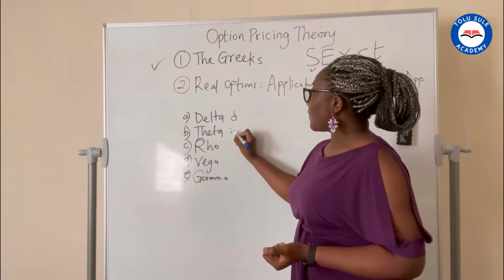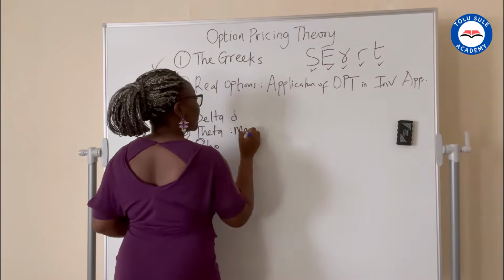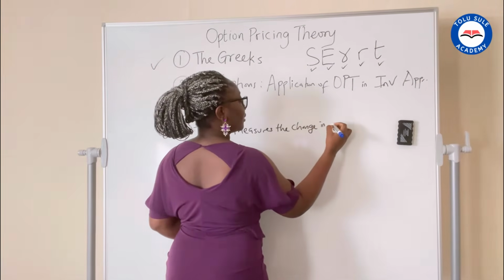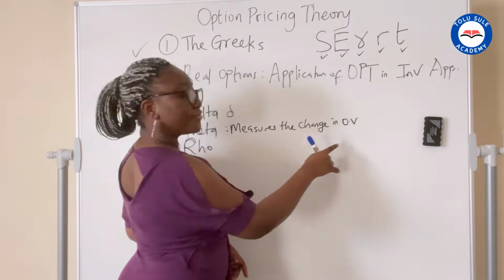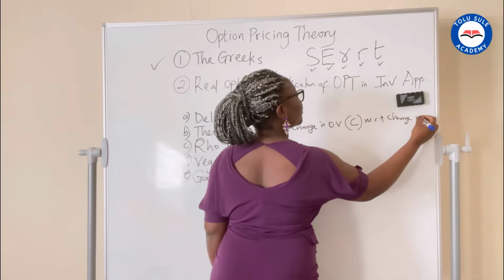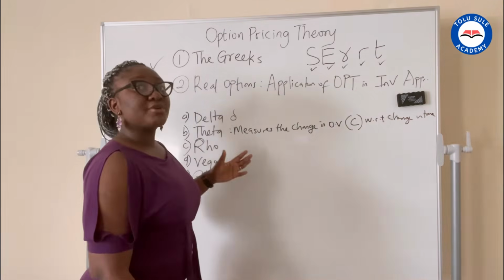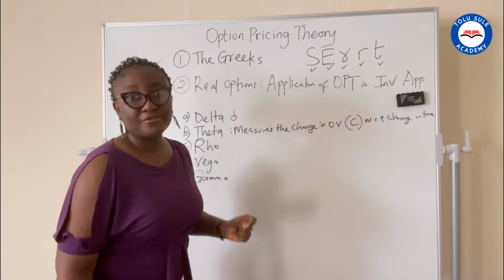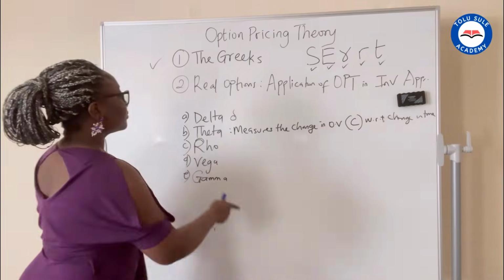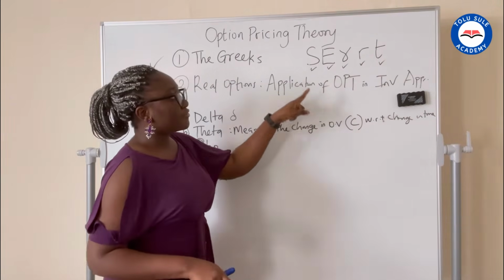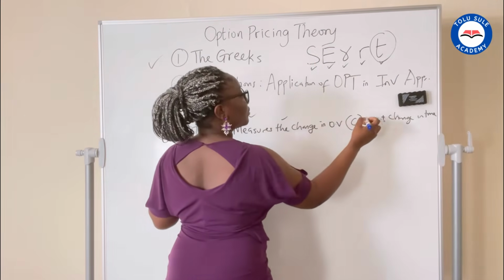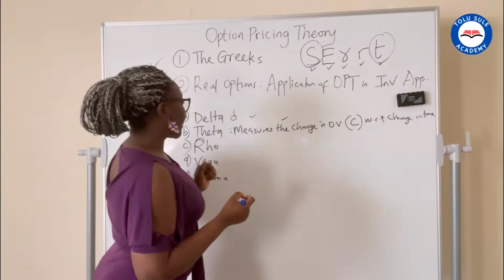Now, theta measures, let me write it, the change in option value, we can call it C, with respect to change in time. So this Greek measures sensitivity of the option value. So if there's a change in current market price, how would it affect the option? Theta measures the change in option value with respect to time. Delta measures the change in option value with respect to current market price.